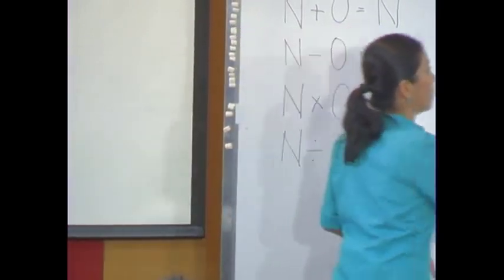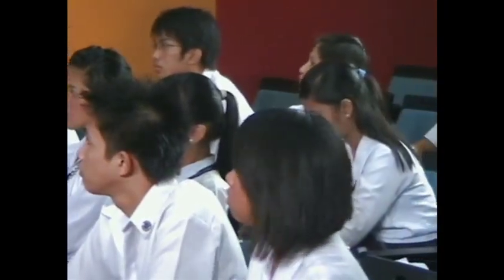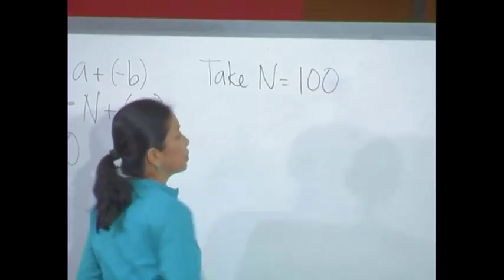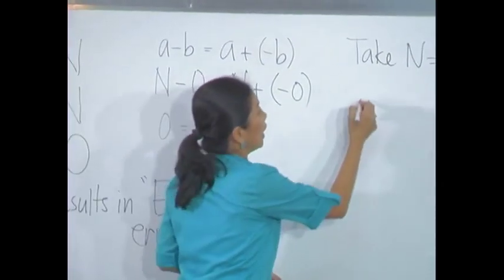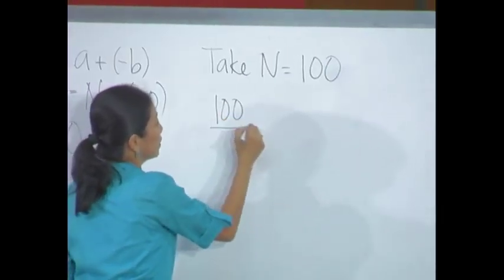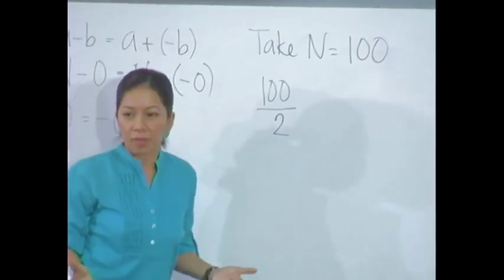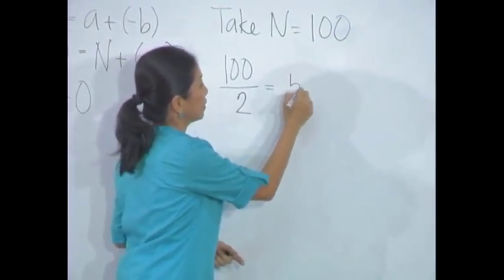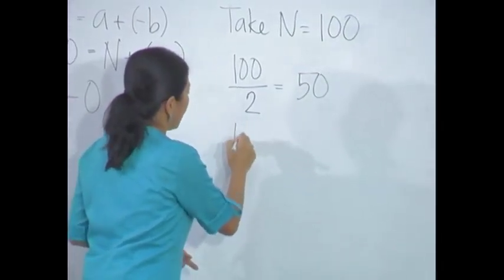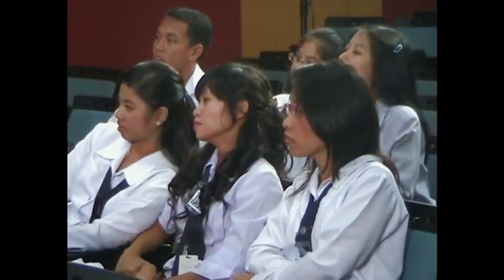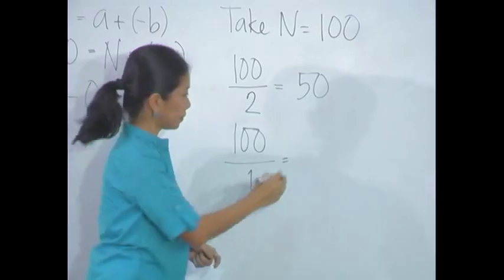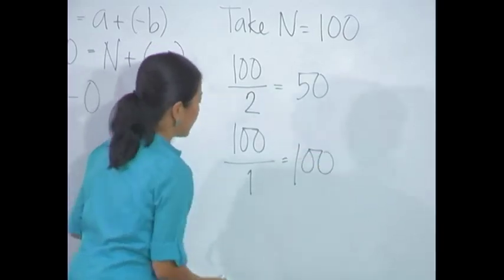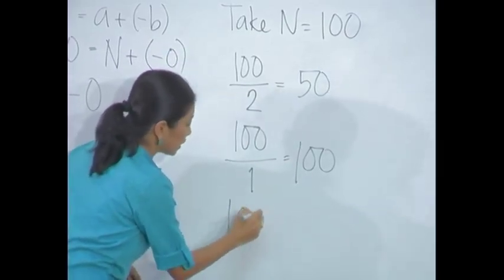For example, take n equals 100. I divide 100 by a small number, let's say 2. Okay, I get 50. I divide it by a smaller number, 1. I get 100. Now look at this series, class.